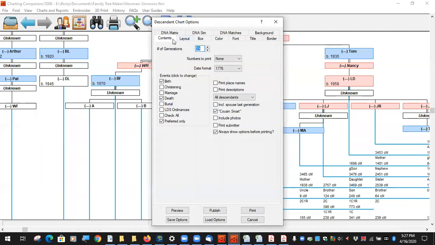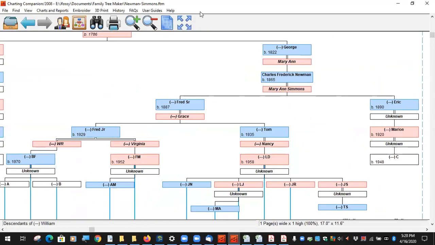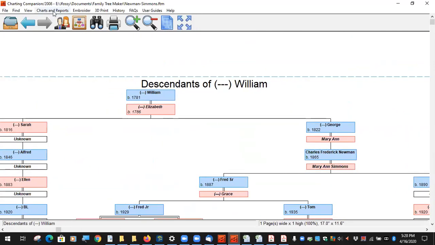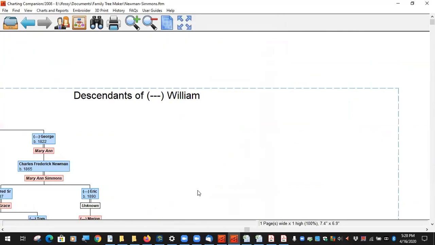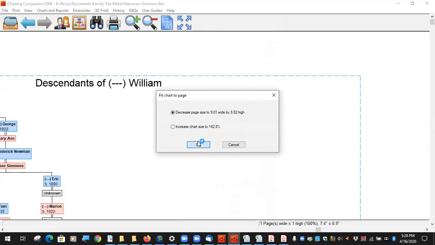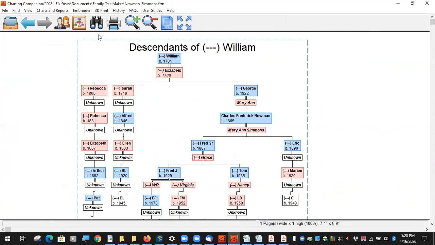When you do a chart here, you see these borders are there, but let's say we do not do this DNA matrix at all. It keeps that same border. Click these X's here, and it'll automatically shrink it or increase the size, however you want it.